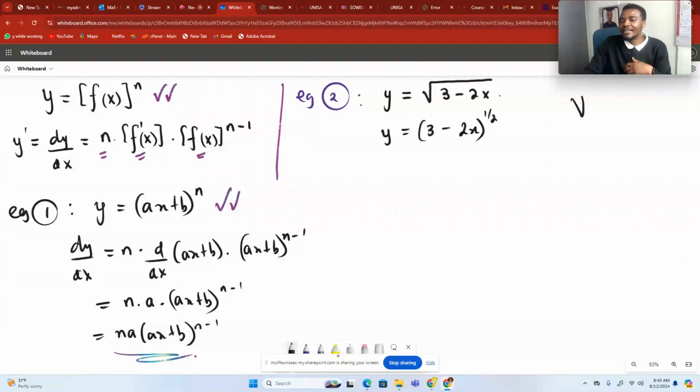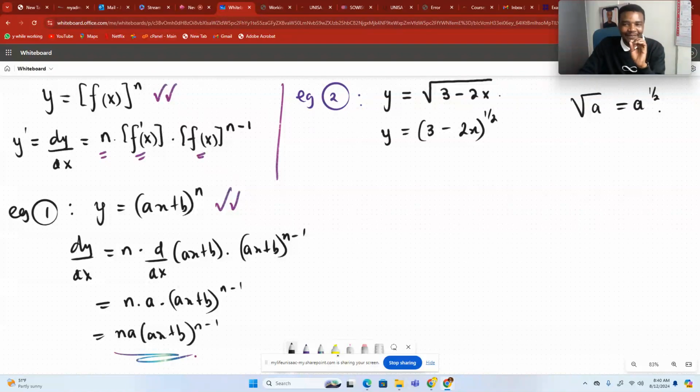Remember, the square root of a is basically the same as a to the power of half. So the square root of 3 minus 2x is the same as 3 minus 2x to the power of half.